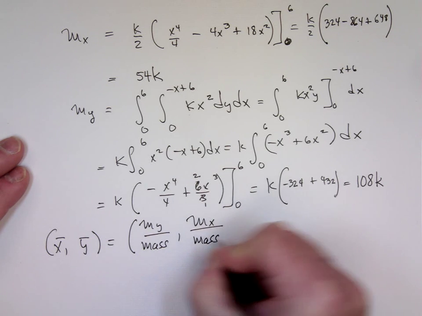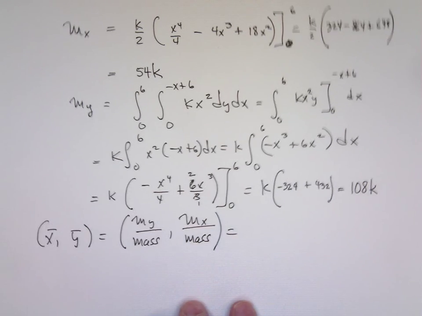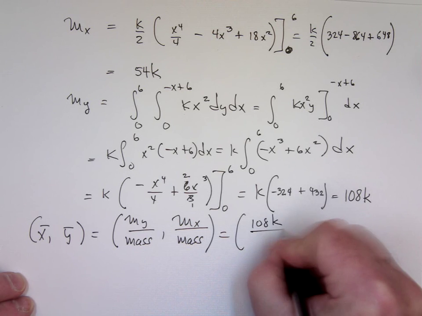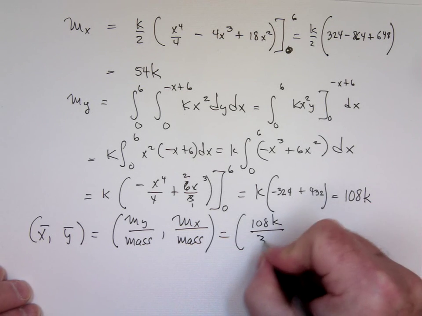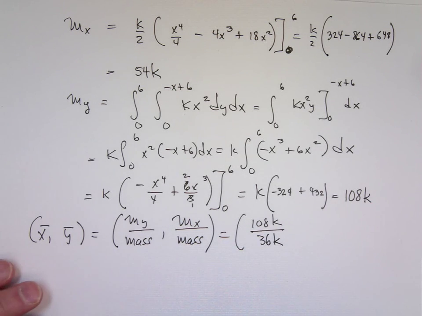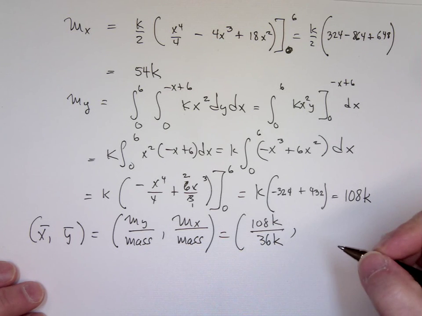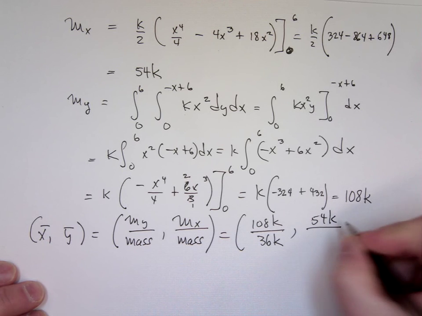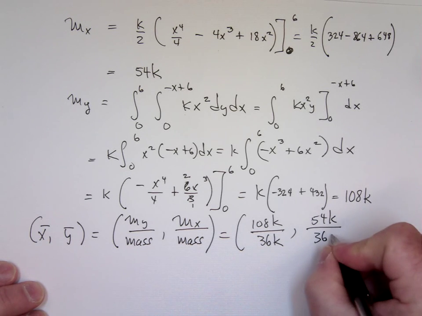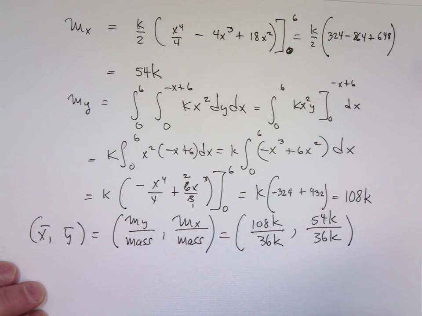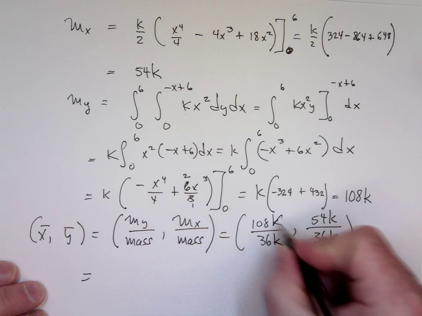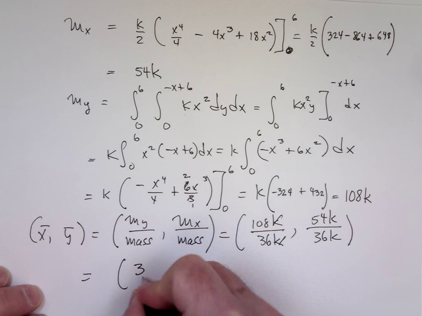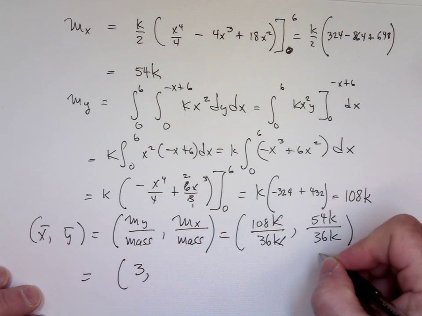The moment from the y-axis is 108k. The mass is 36k. The moment from the x-axis is 54k, over the mass of 36k. What happens? The k's cancel. 108 divided by 36 is 3. And this is 3 halves, 1.5.